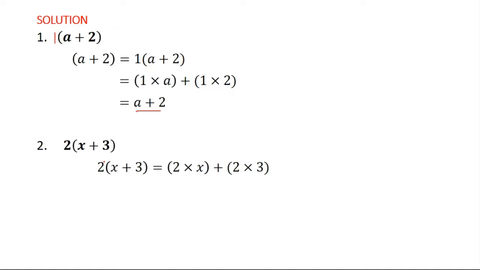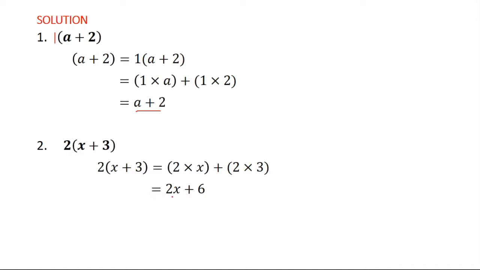So in this case, we are going to have 2 times x plus 2 times 3. We've learned from multiplication of algebraic expressions that 2 times x is the same as 2x. Then 2 times 3 will give us 6.